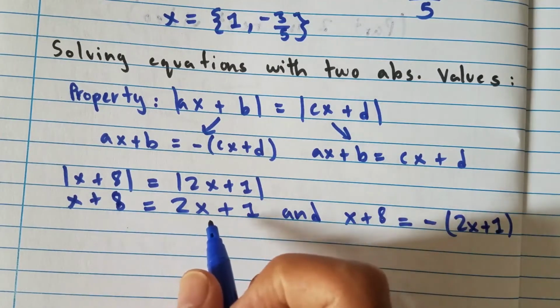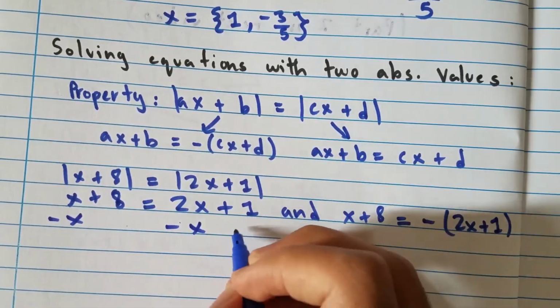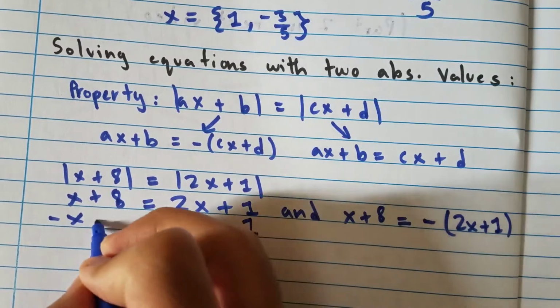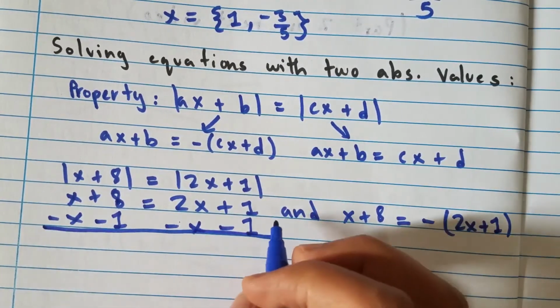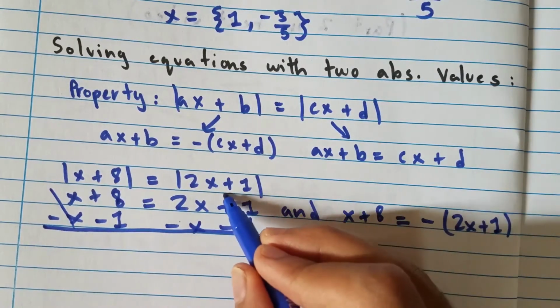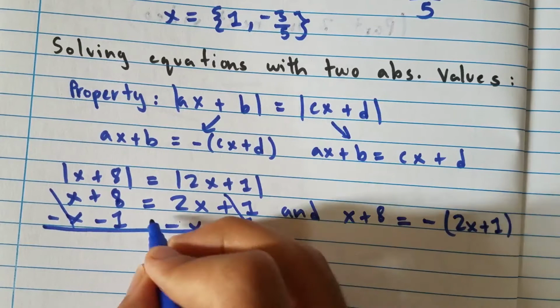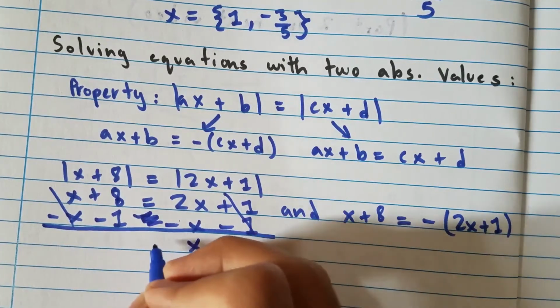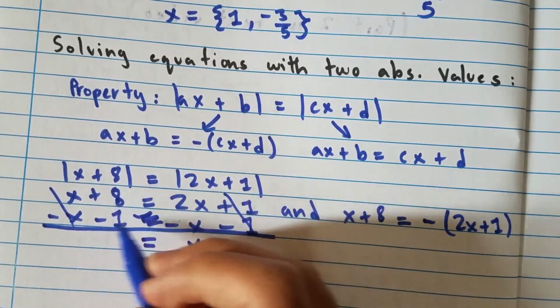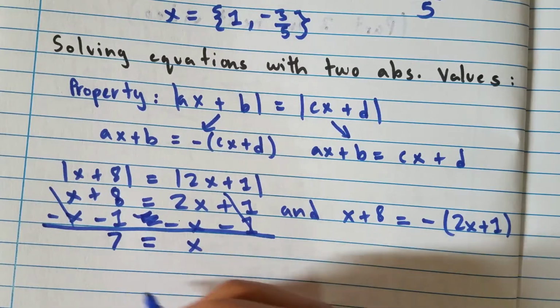On this equation we can subtract x from each side, and we can also subtract 1 from each side. Then we simplify and the x and the negative x cancel out, and the 1 and the negative 1 cancel out. So we're just left with 2x minus x, which is 1x, and here we're left with 8 minus 1, which is 7. So we know that x equals 7 is one of the solutions.